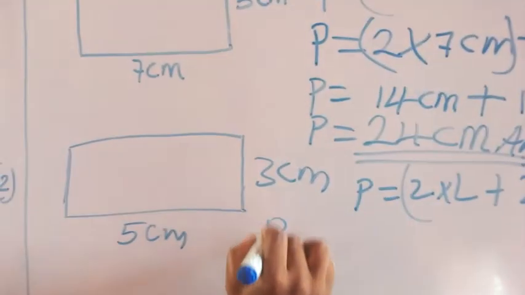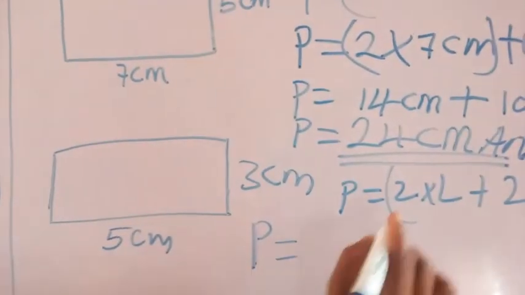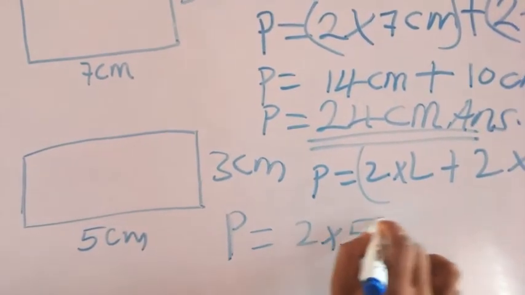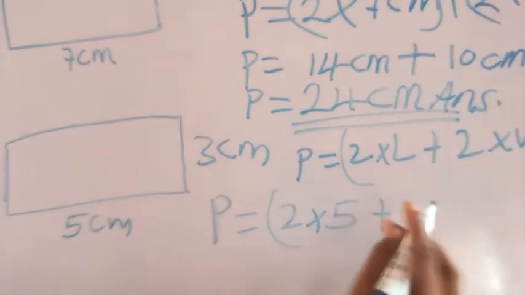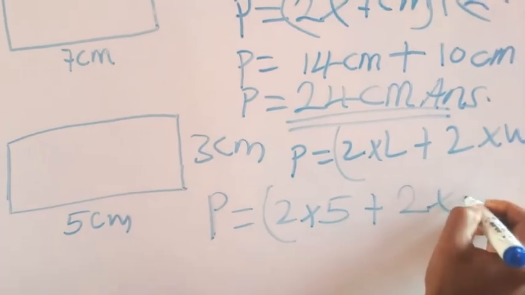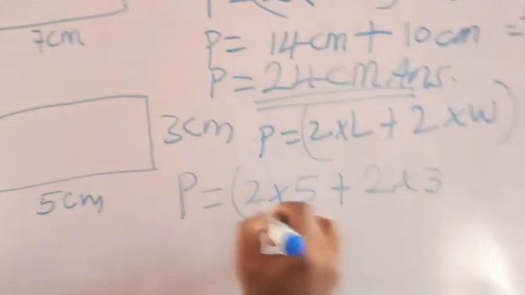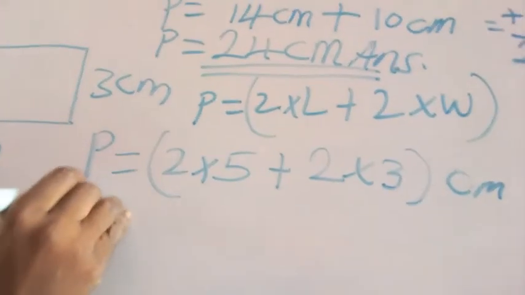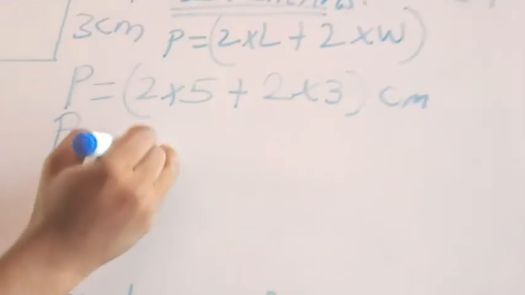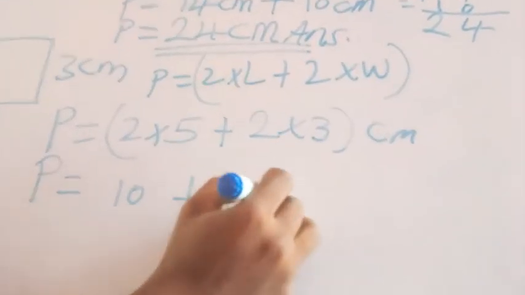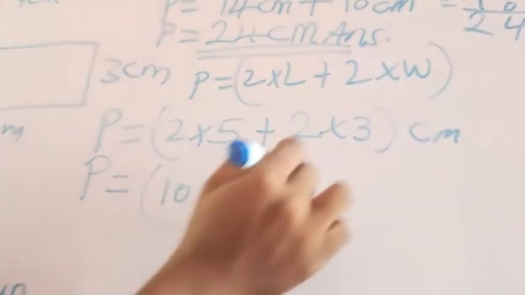Here is our perimeter. 2 times our length, 5, plus 2 times our width, 3, all in cm, remember. So here we have 2 times 5 is 10 plus 2 times 3 is 6, all in cm.